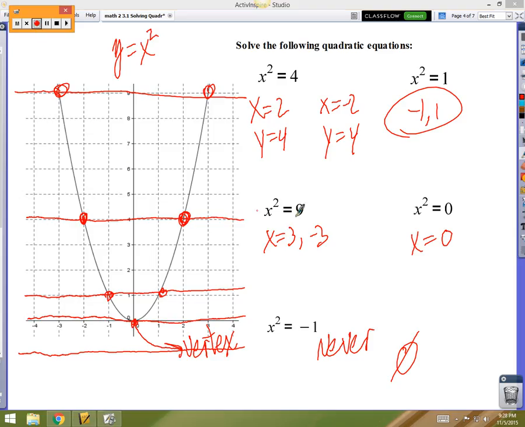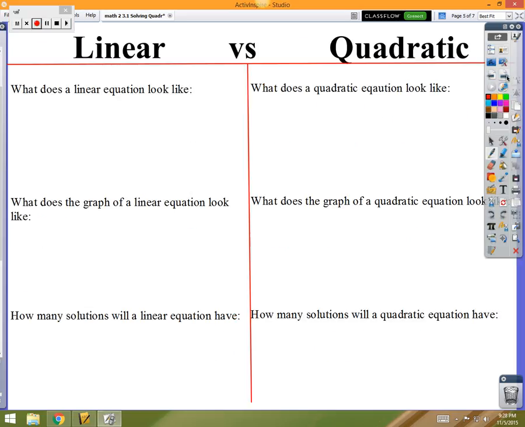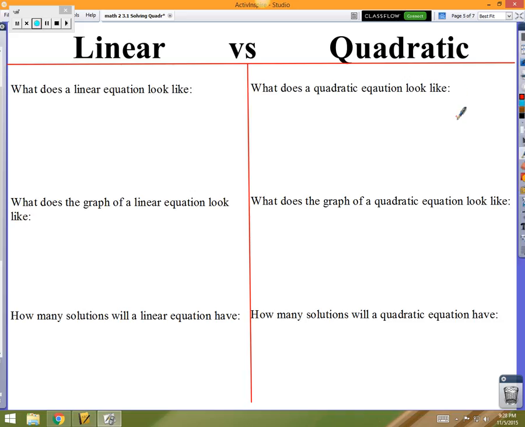Okay, so let's look at linear versus quadratic. Let's compare and contrast. So pause it, see if you can answer these 6 questions, and then push play, see how your answers match up. Okay, a linear equation, what does it look like?